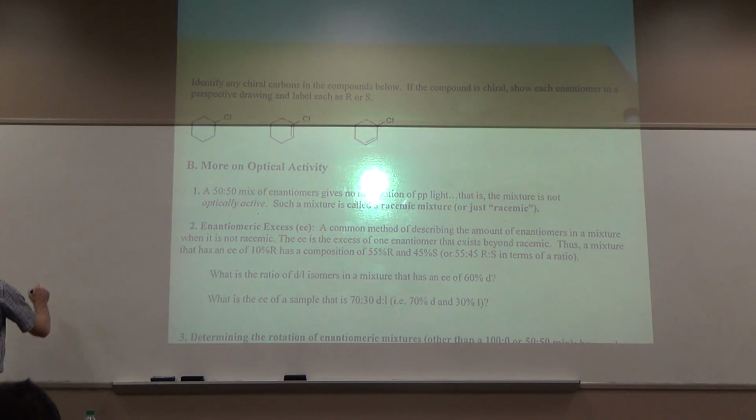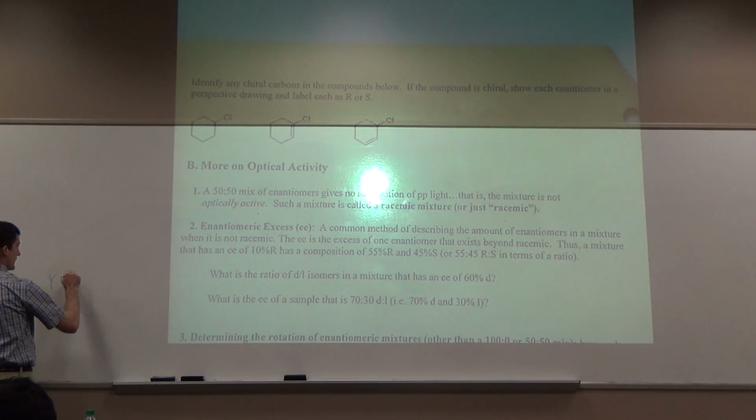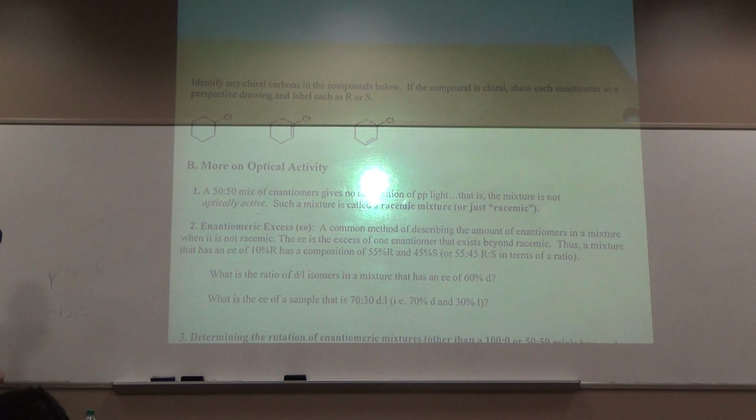So R was negative 13.5. So if this was all R, it would rotate negative 13.5. If it was a 50-50 mix of R and S, it would rotate 0. That would be racemic.